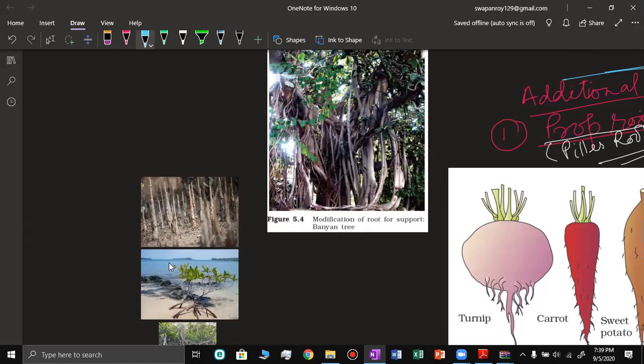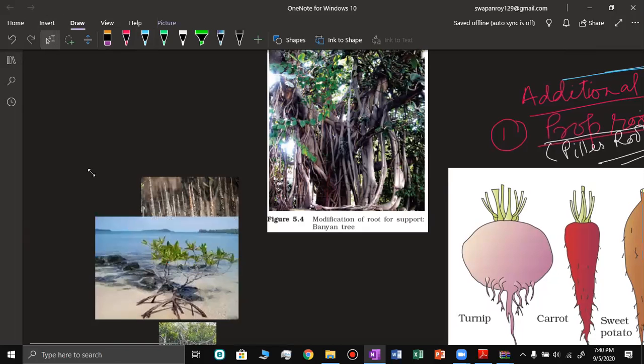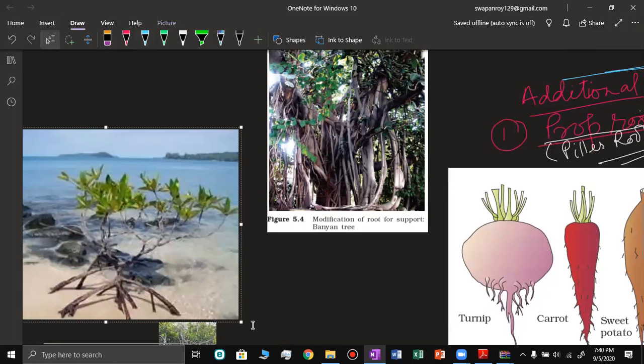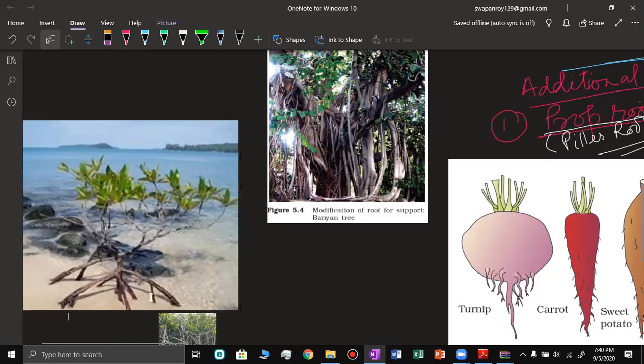Here you see this plant, which is growing near the seashore, and you can see that this stem has branched out like a foot, and it has gone inside the soil.